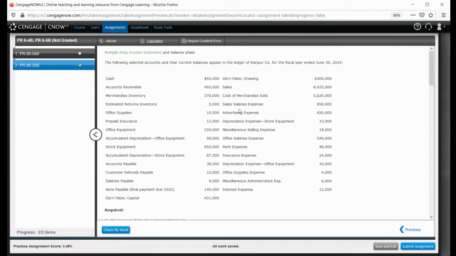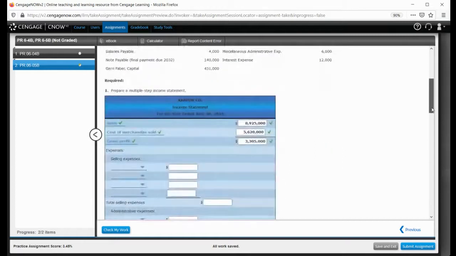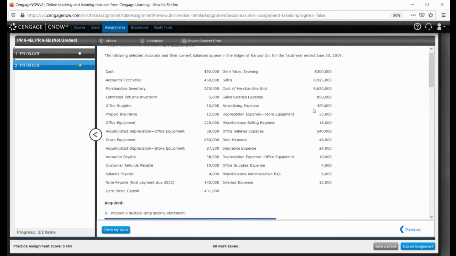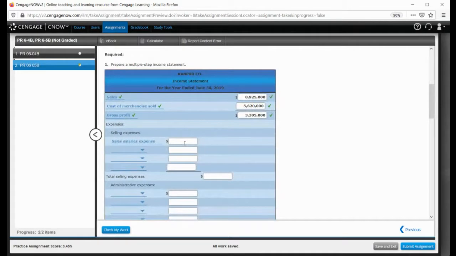These are the salaries that we're going to be paying to our sales people, and that would be a selling type of expense. So sales salary expense is one of your selling expenses, and the amount of those sales salary expense is $850,000.